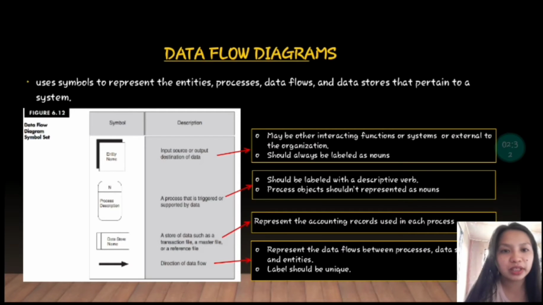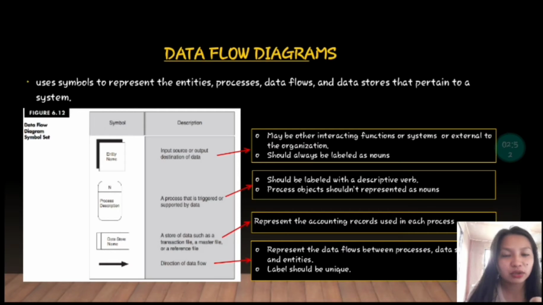The next symbol is the process description. This is a process that is triggered or supported by data, and it should be labeled with a descriptive verb, such as ship goods, receive sales order, customers order. We also have update records.